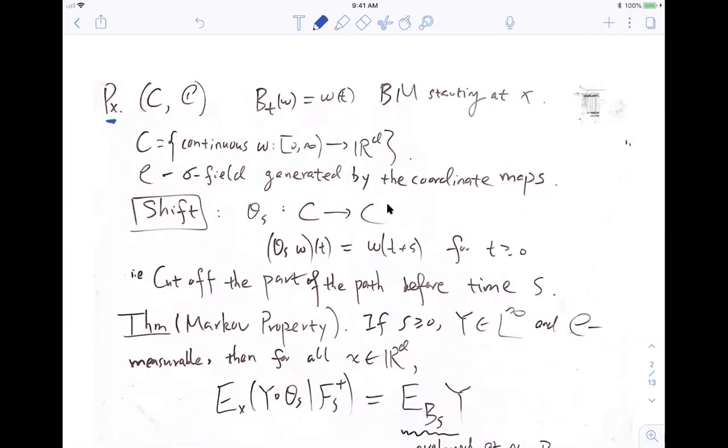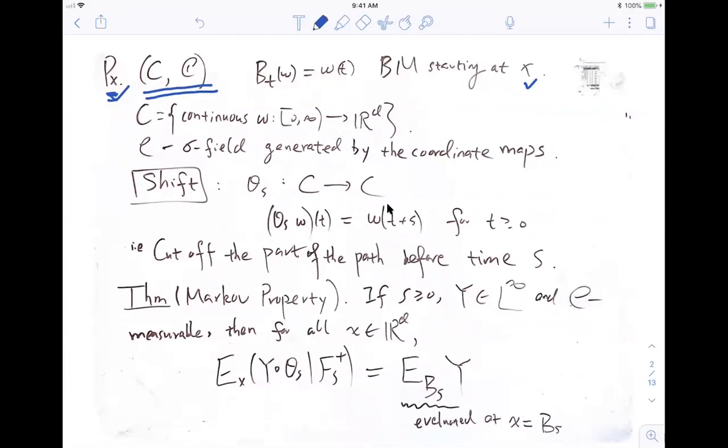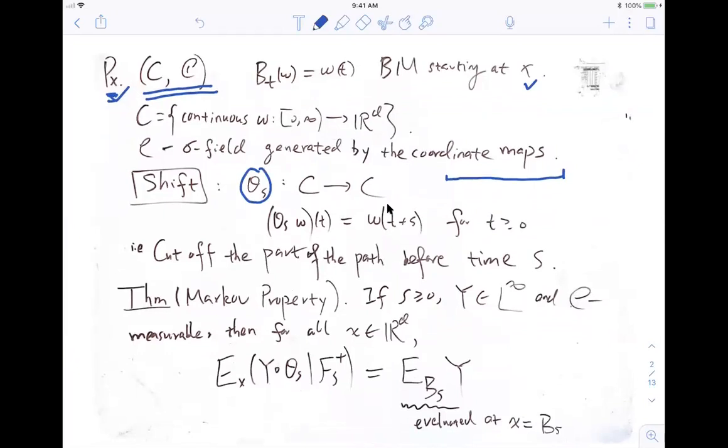P_x is the probability measure on the continuous path space, with the sigma field generated by the coordinate maps. We assume the Brownian motion starts from x, so we have a probability measure P_x. As we did in the Markov chain, we can define the shift. What does the shift mean?